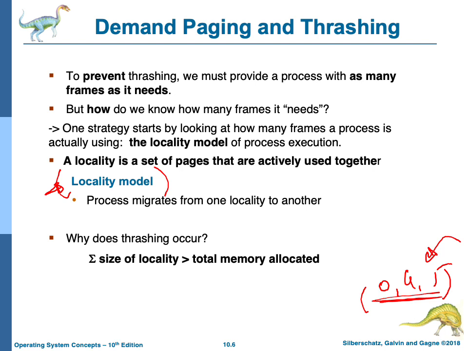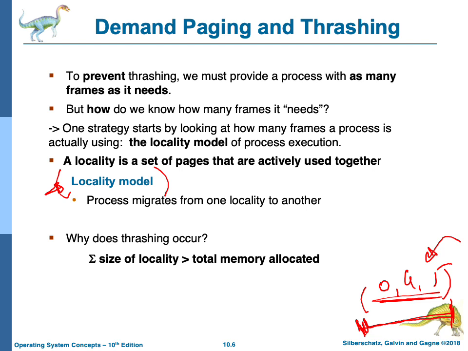So at a given time, in this time window, the process is actively referencing pages 0, 4, and 5, right? And at a different time, it will reference different pages, and so the locality will change in time. However, when we talk about one given window, we do have one fixed locality model for that process.